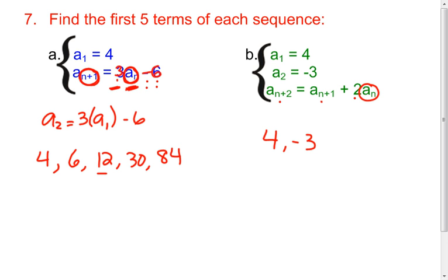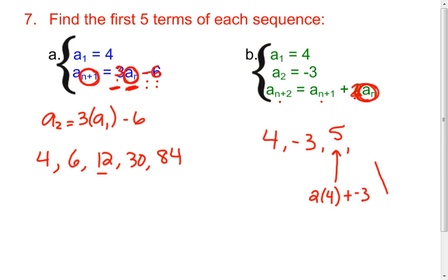Here we go. If I take 2 times 1 term, so in this case, to find this spot right here, I would take 2 times 4 and add the next term to it, which is negative 3. To find that spot right there, I took 2 times 4, added the next term to it, which is negative 3, and I got 5.